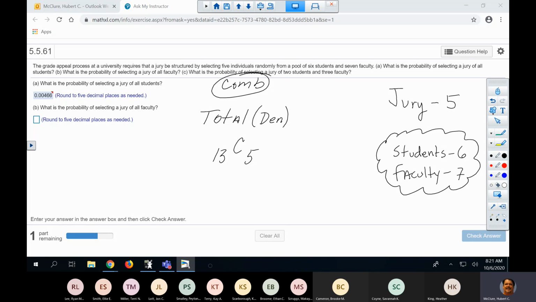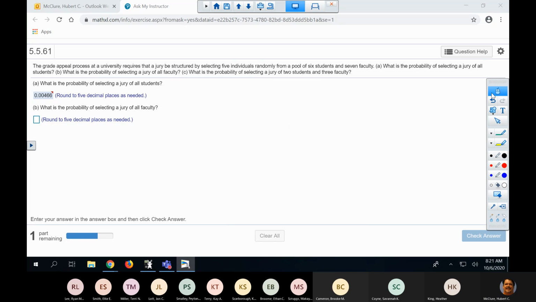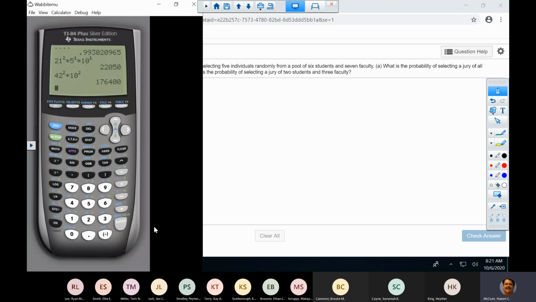So let's pull up our handy dandy calculator and let's do 13 combination 5. And as soon as I hit this, it's going to take off everything. I'm sorry. Okay, so here we go.